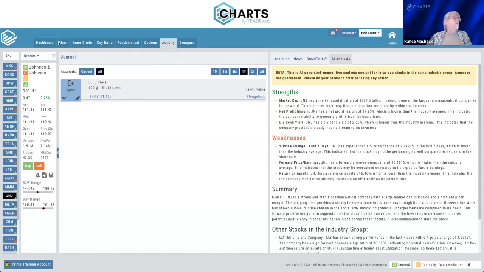So let me go over here to the charting. By the way, just a quick comment as I leave this: AI analysis, this took us quite a while to really hone in. It does say beta. I don't take this as the end-all be-all.